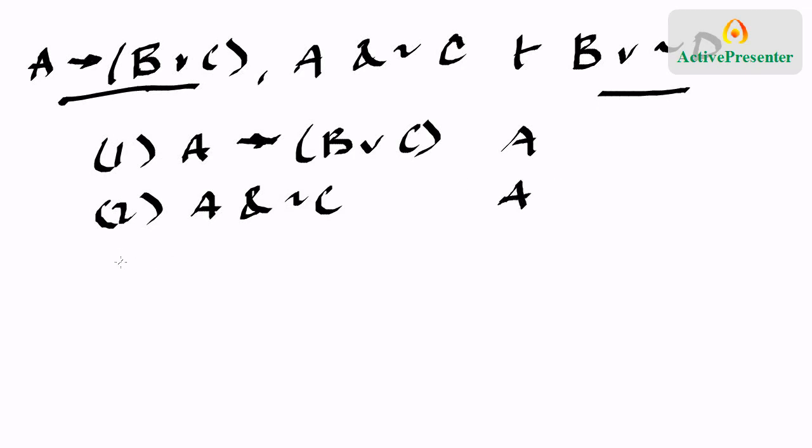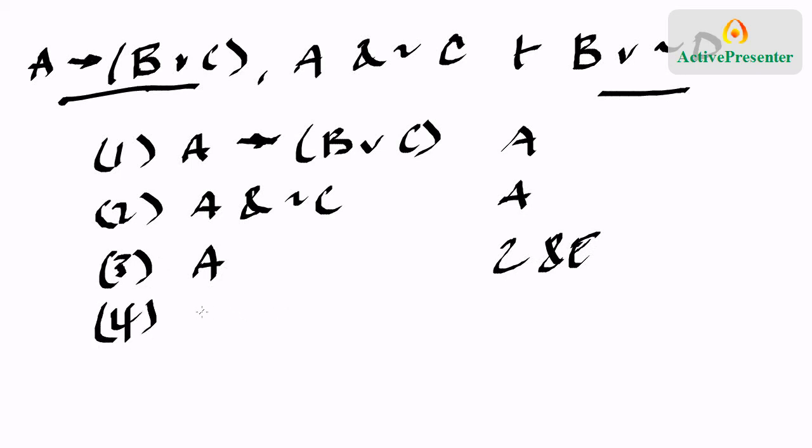All right, so the first thing we want to do here, I think, is get A and not C on separate lines. So we can take line 2 and do and elimination for both sides of the conjunction.